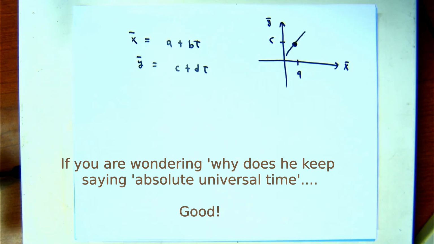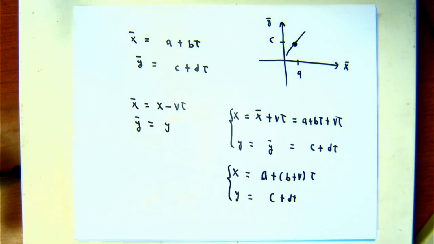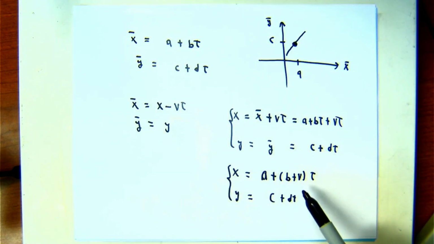What does this look like according to the unbarred coordinate system? I can use these Galilean transformation formulas to figure out that using the unbarred coordinate system, the unbarred x is going to be a constant plus another constant times time.